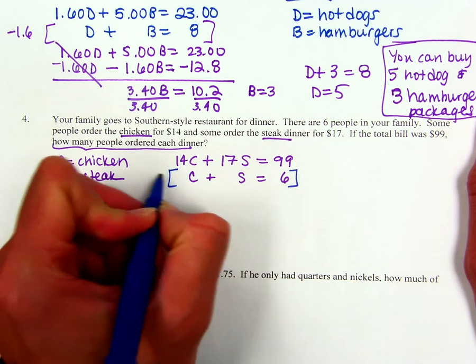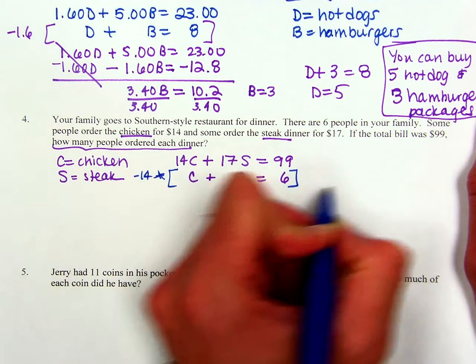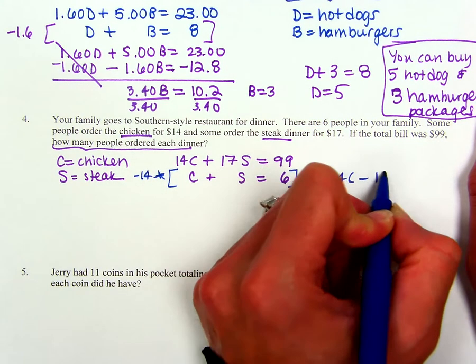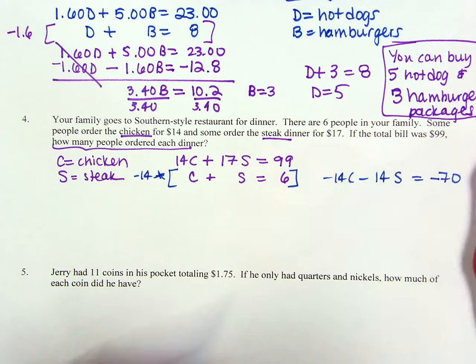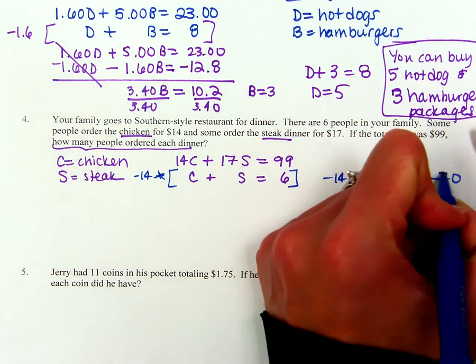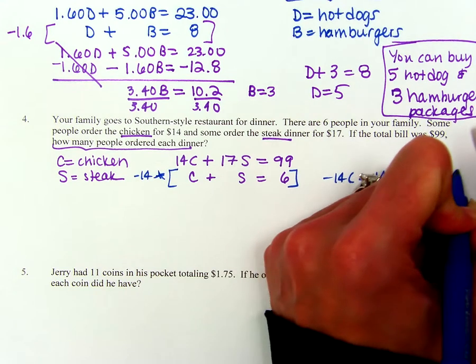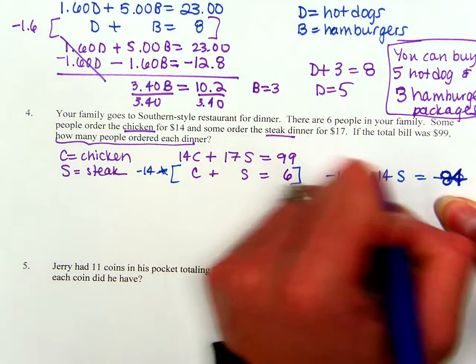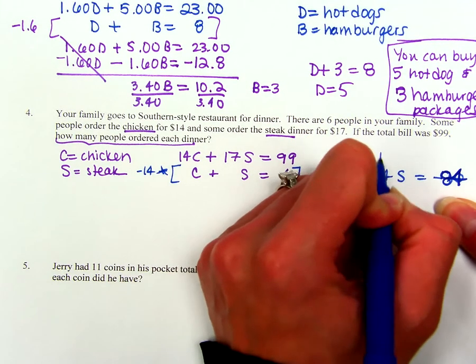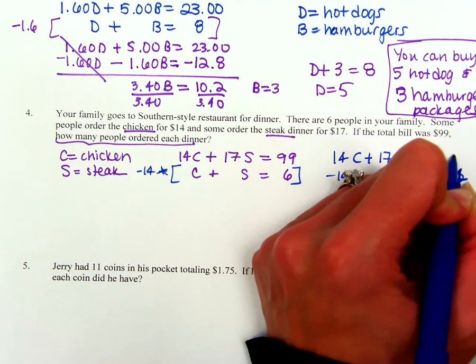All right, I'm going to multiply this one by negative 14, and I get negative 14c minus 14s equals negative 70. No, 84, sorry. Good thing I used a calculator to check. All right, negative 84. So now I've got 14c plus 17s equals 99.